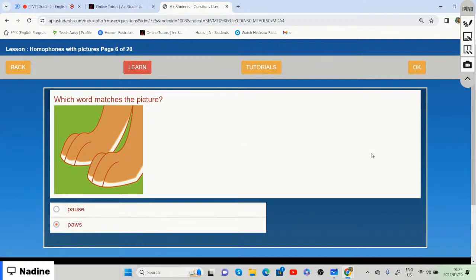The first word, pause, is like you're saying it must come to a complete stop or halt. And then the second one, paws, is almost like the feet of the animal. So we're going to say paws.